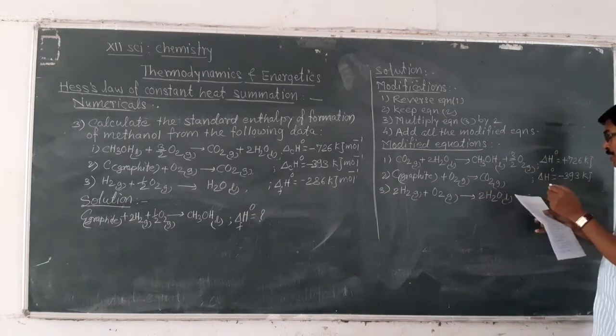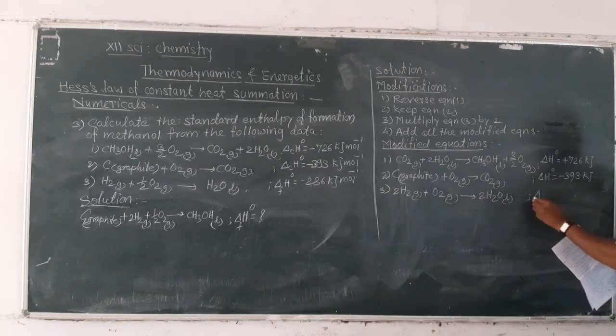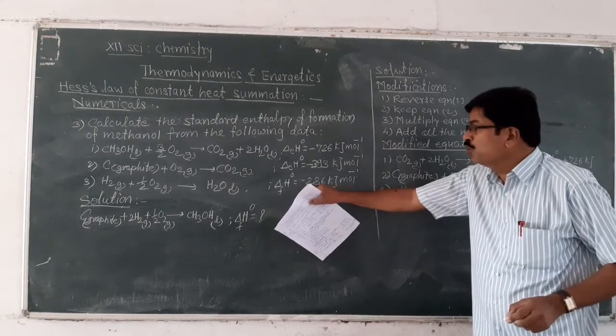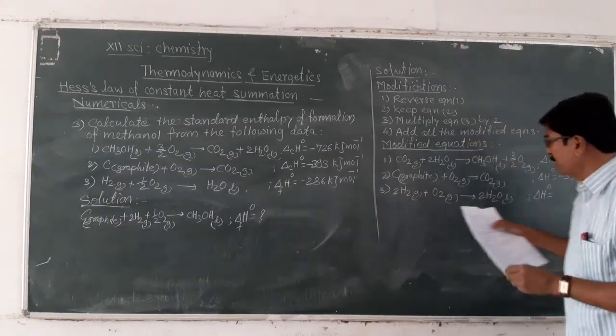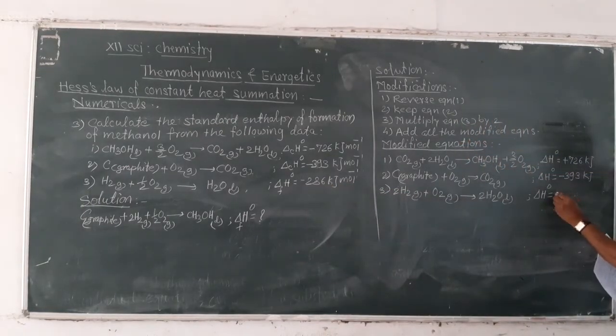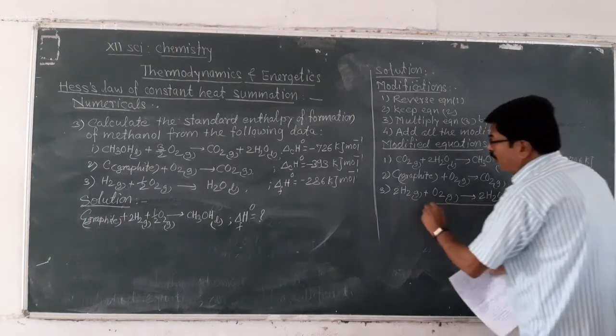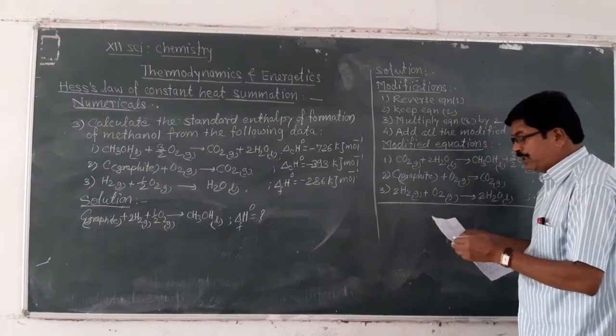The enthalpy of this reaction is also multiplied by 2. That means minus 286 into 2. That means it becomes minus 572 kilojoule. And finally, we have to add all these modified equations.